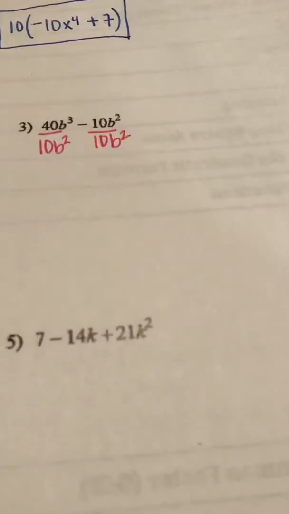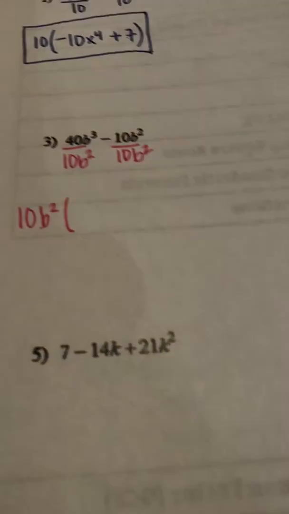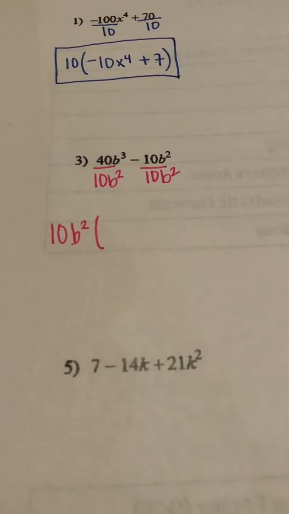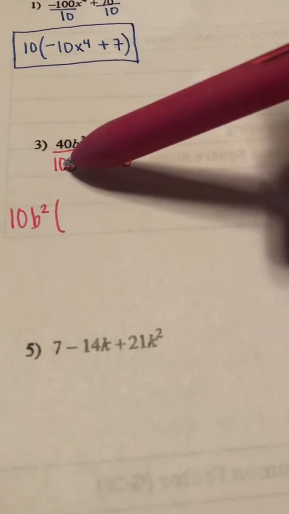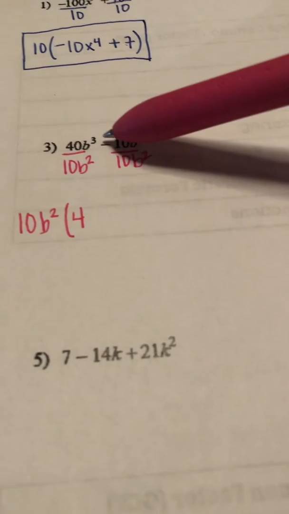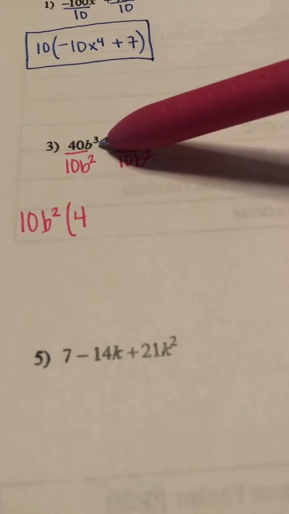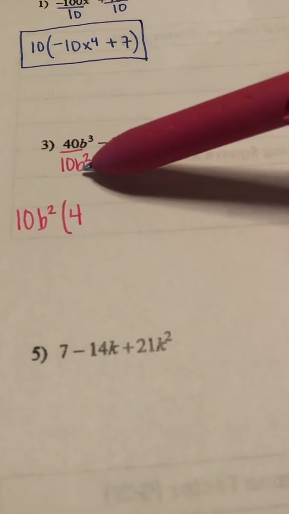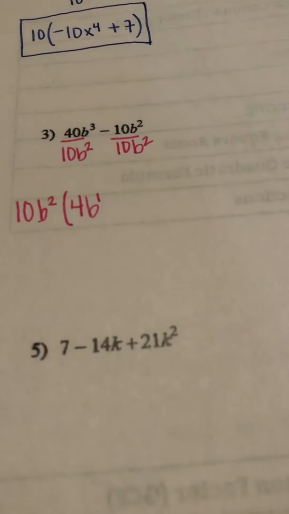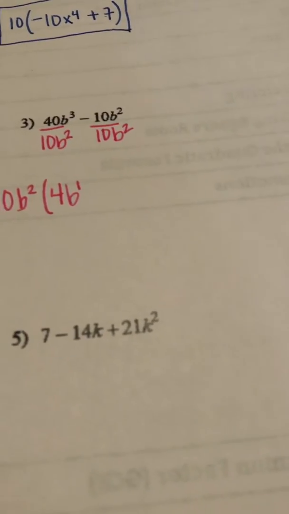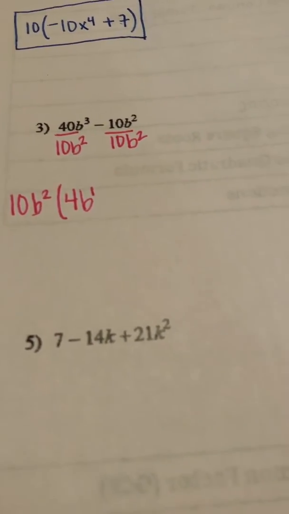So if we do that, that means 10b squared is on the outside of our parentheses. And then we have 40 divided by 10, which I know is 4. But like we said before, this guy had 3 b's, but we're only dividing out 2 of them. So we actually have 1 b left over. Now, you can put the little 1 exponent if you want, but we know that we don't necessarily have to have that.